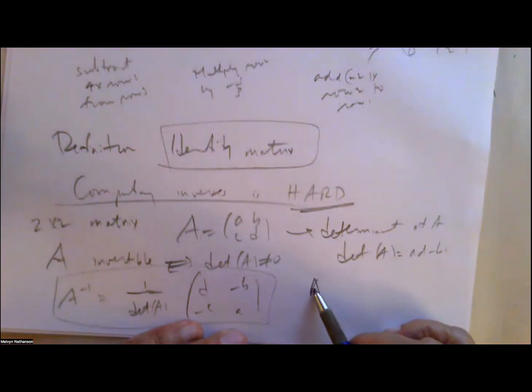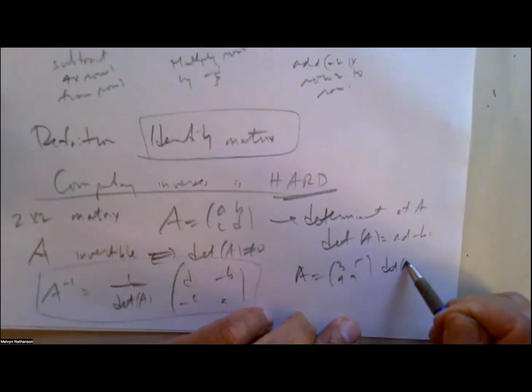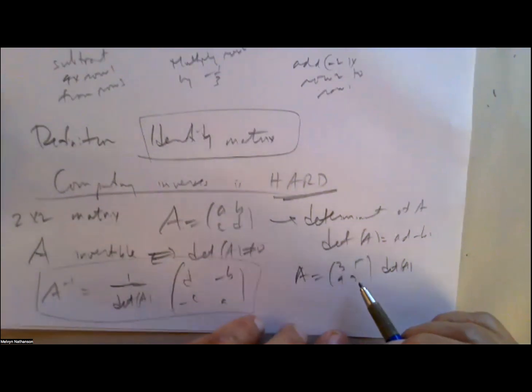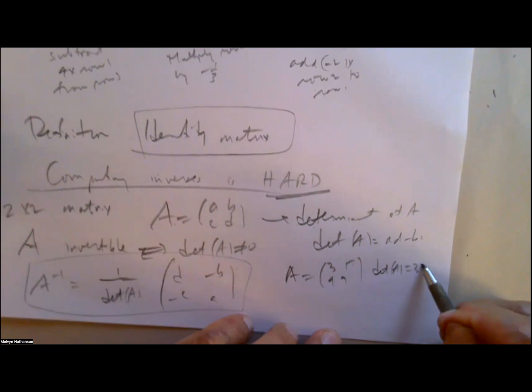Now, in the example I had done earlier, A was the matrix 3, 5, 4, 7. So the determinant of A would be AD minus BC: 3 times 7 minus 4 times 5.